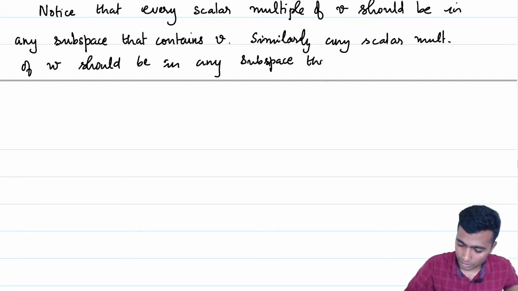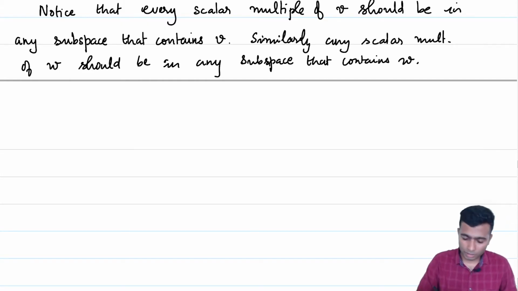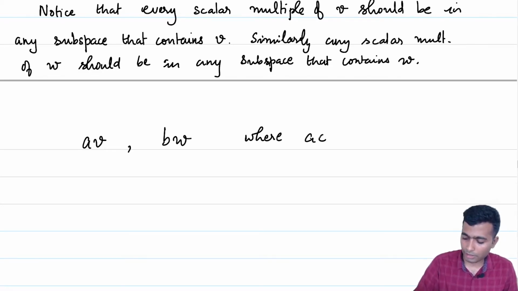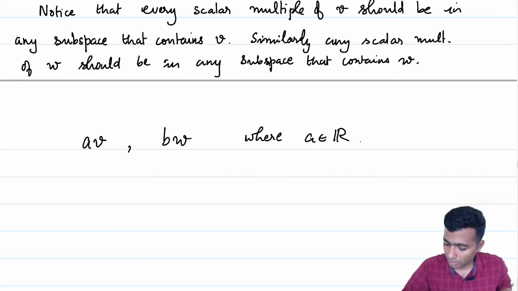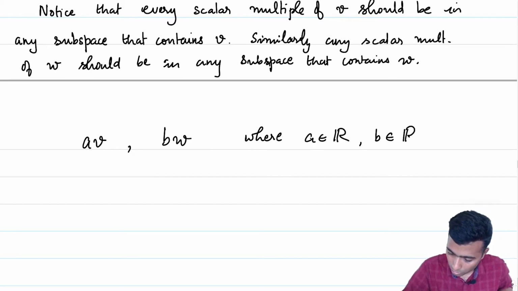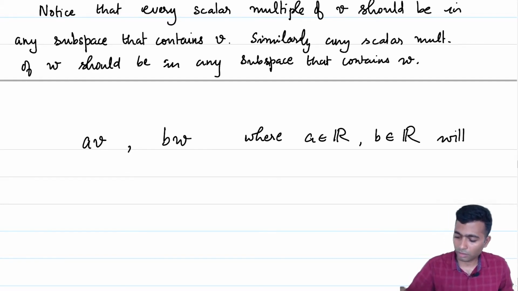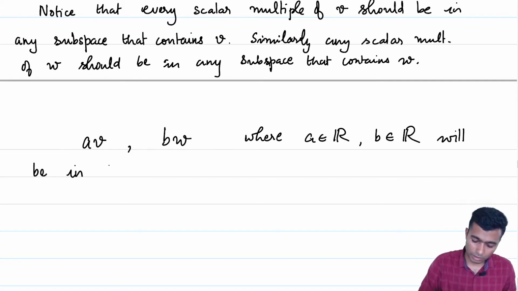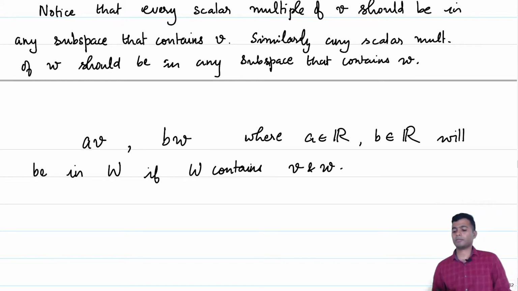In any subspace that contains W. So, in particular, A times V and B times W, where A runs over all scalars and B runs over all scalars, will be in W if W contains V and W. But are they all the elements they will contain?